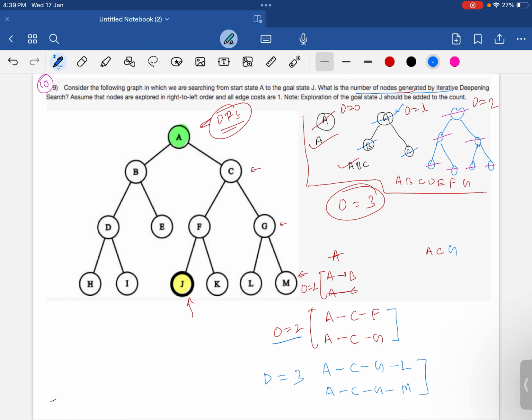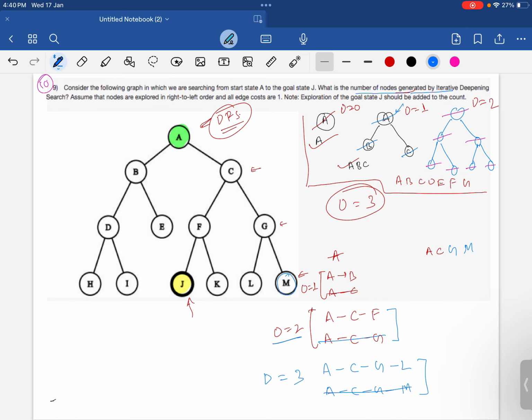So we have explored this one, cut it down, and now in the fringe we are left with these two. Which one is the highest depth? These two are at the highest depth. Which one am I going to pick? The one on the right, M. So M will be there, and I write its successors.